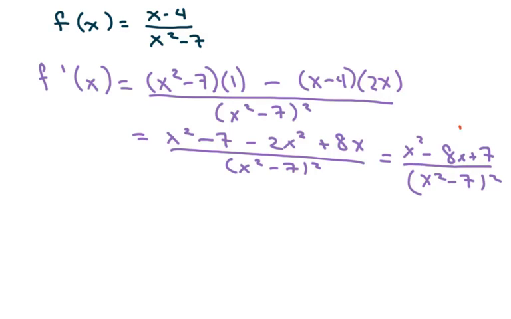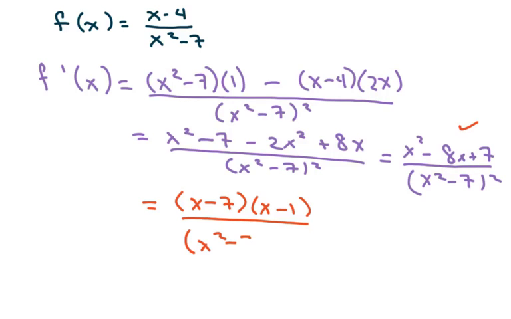Now it looks like I can factor this, so I'm going to rewrite this as x minus 7 times x minus 1 over x squared minus 7 squared. Now, I want to evaluate when the derivative of f equals 0.